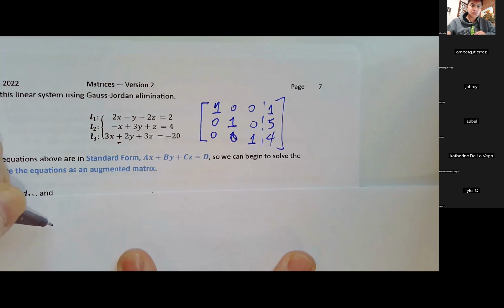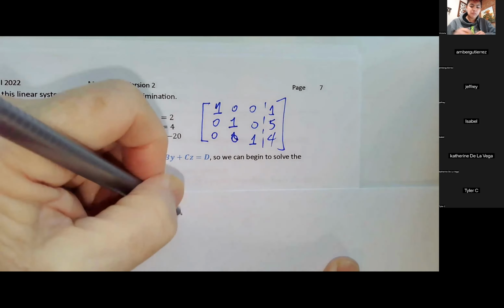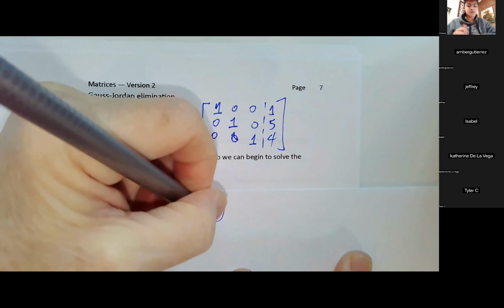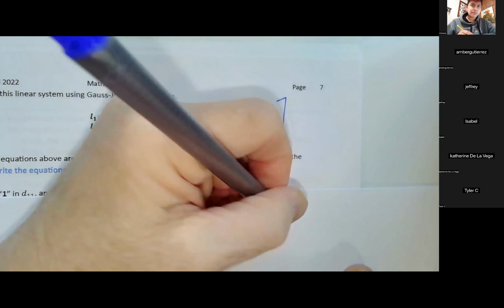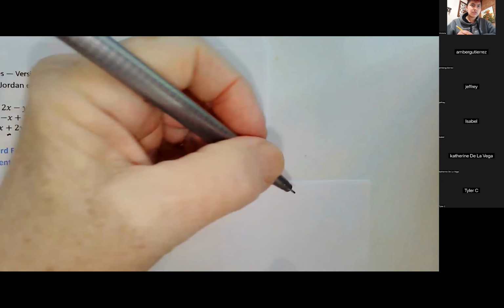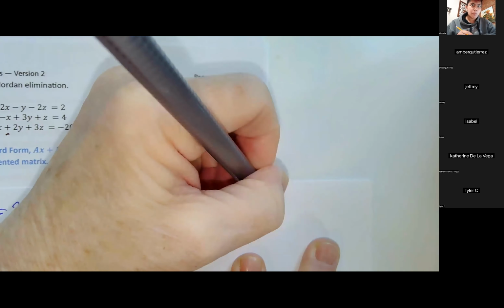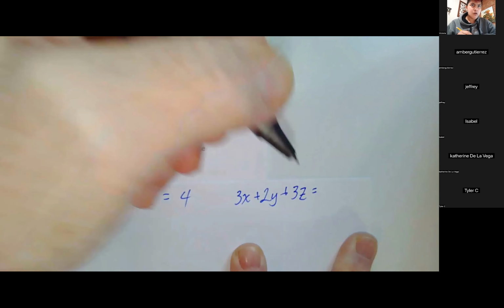We've got 2x minus y minus 2z is 2, -x plus 3y plus z is 4, and 3x plus 2y plus 3z is -20.